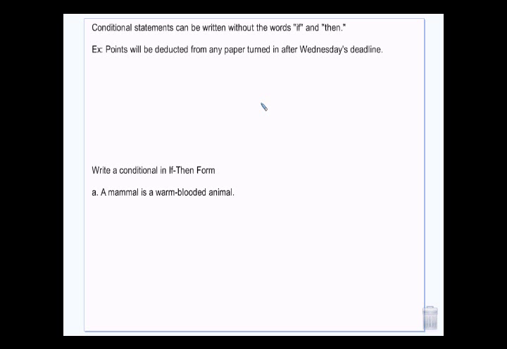Some conditional statements do not include the words if and then, and you need to be able to recognize those. Conditional statements are statements that contain a condition in them, so something that has to be done in order for something else to happen.